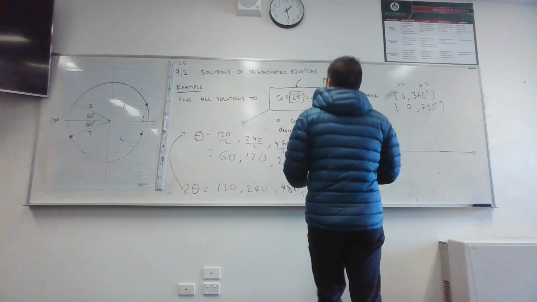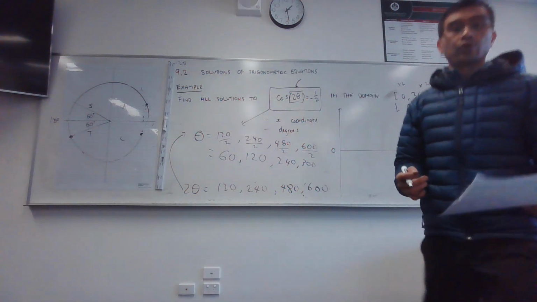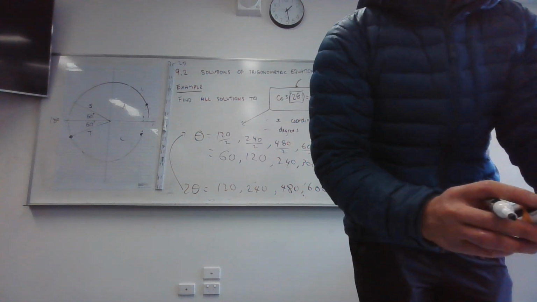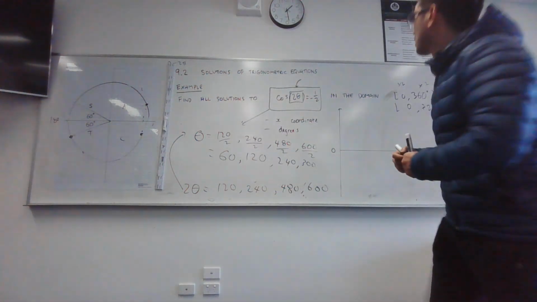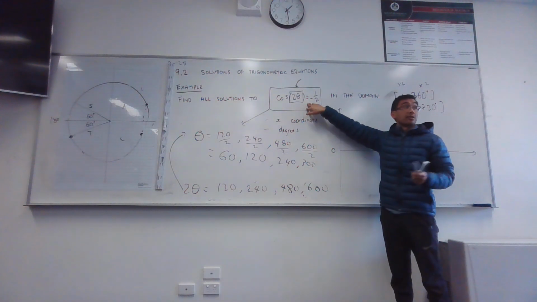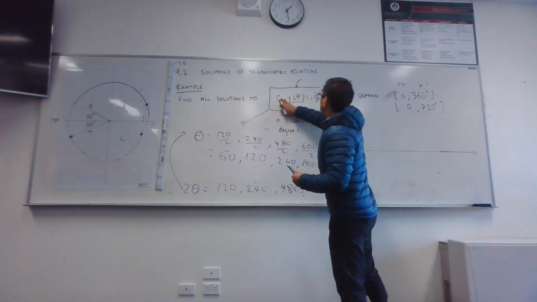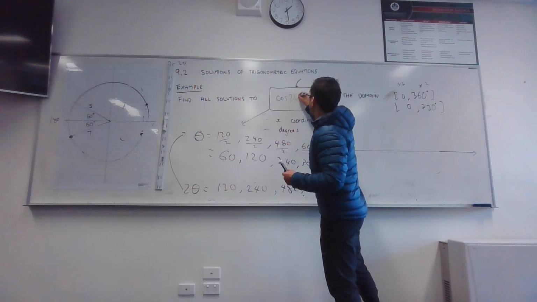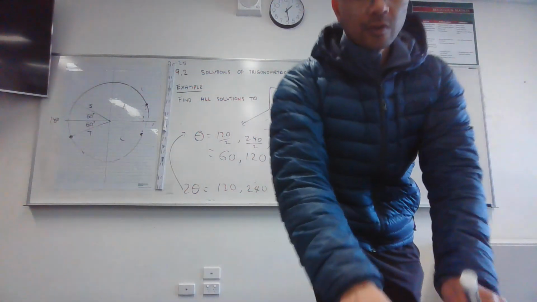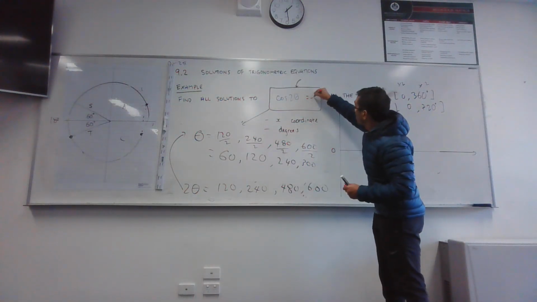Now, what we're really saying, look carefully. I'm going to use different colors here. Whenever you see an equal sign, visually, they're two graphs. We've got cosine 2 theta and we've got the graph of negative half.